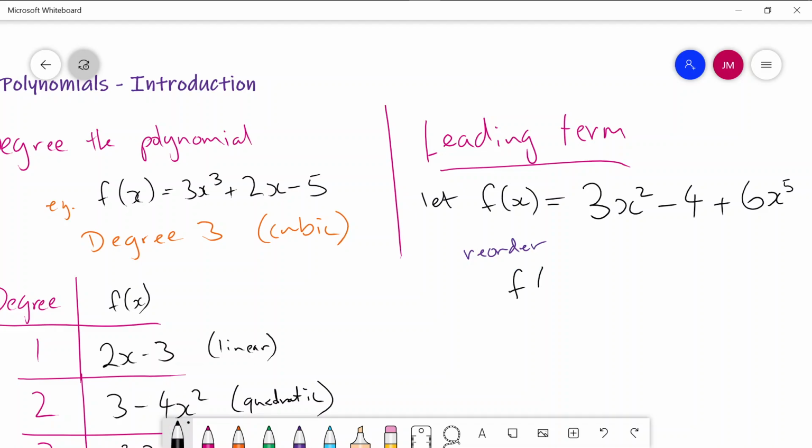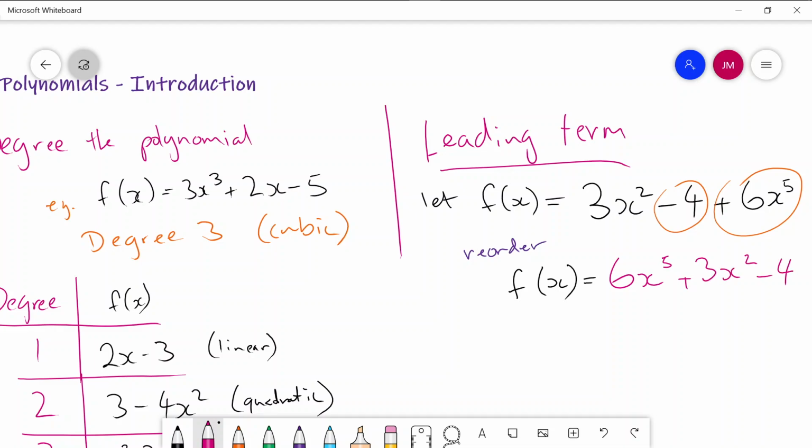So I'm not changing what it equals, I'm just putting the terms in a different order. And I remember, always take the sign out the front. So that's going to be positive 6x power 5, that's a minus 4. So I'm going to put them in descending order. So I'm going to put my highest power of x first, 6x to the power of 5. The next one is a plus 3x squared minus 4.